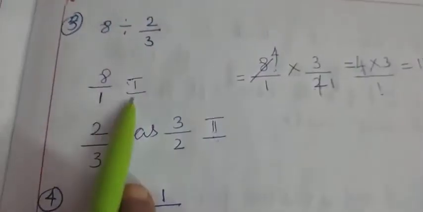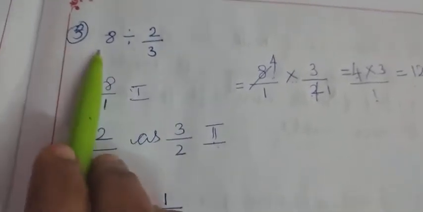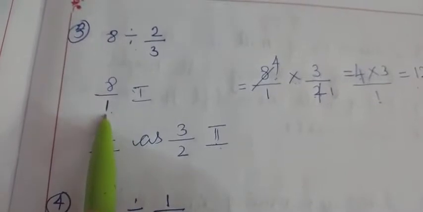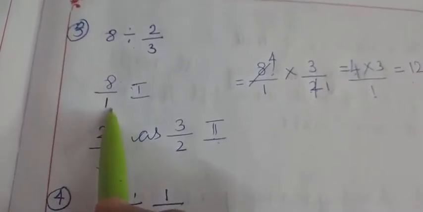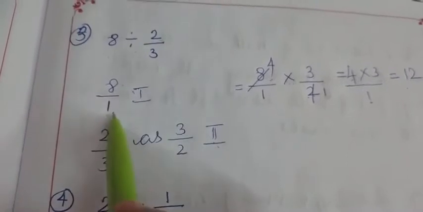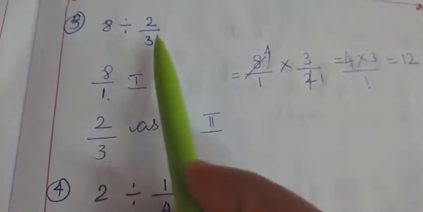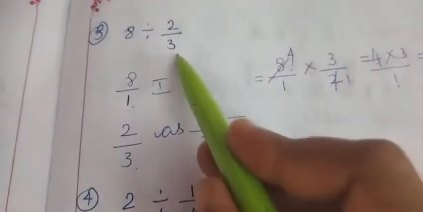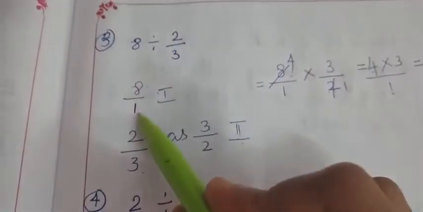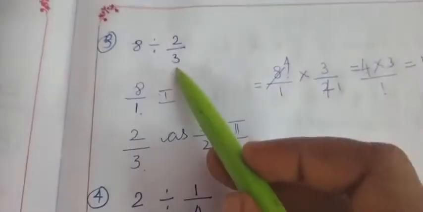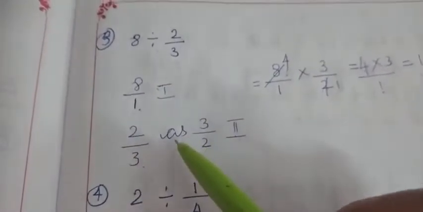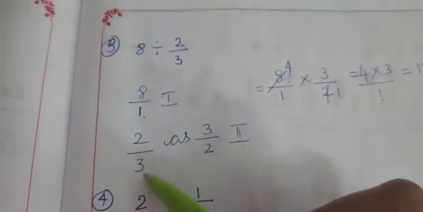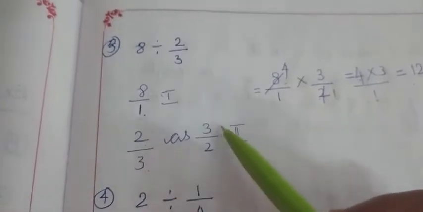I have told you, number 1 step, if it is given without in fraction form, add below 1. This is numerator, this is denominator. Step number 1. Step number 2, this is divisor, this is dividend. This divisor we have to write it, actually we call it as multiplicative inverse, will become as 3 by 2.